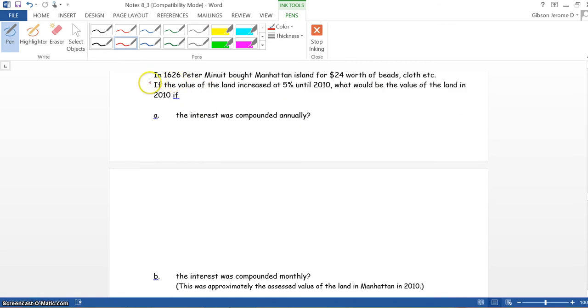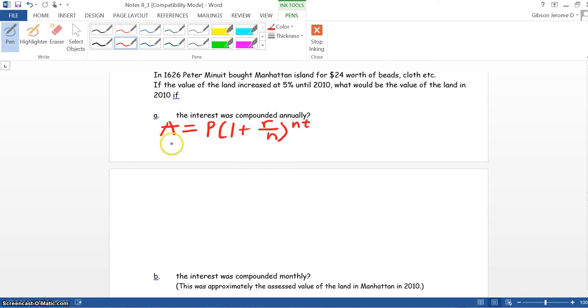Now we come to our next example. It says in 1626, Peter Minuit bought Manhattan Island for $24 worth of beads, cloth, etc. If the value of the land increased at 5% until 2010, what would be the value of the land in 2010 if the interest was compounded annually? So we have A is equal to P times 1 plus R over N to the NT power.